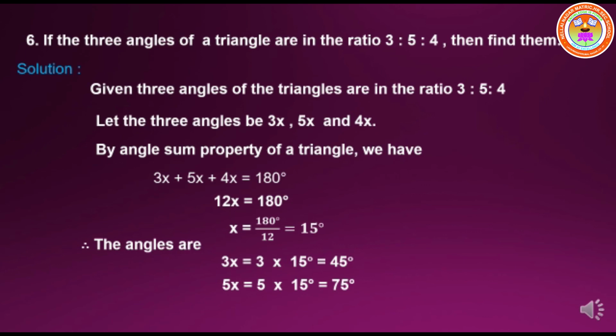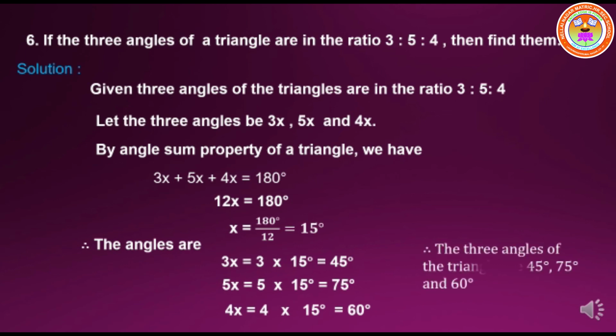On multiplying 5 into 15, the value is 75 degrees. And finally, 4x, 4 into 15. On multiplying these two numbers, we get 60. Yes? So, the three angles of the triangle are 45 degrees, 75 degrees and 60 degrees.